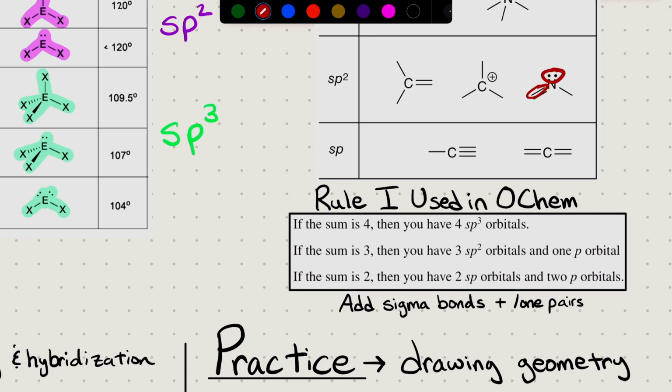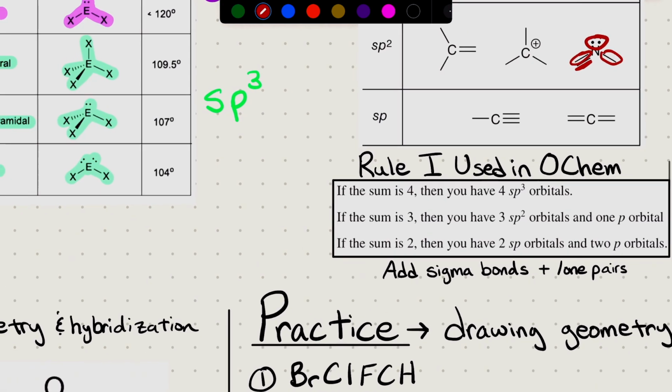Here's 1, here's 2, here's 3. I am not counting this pi bond. Don't count the pi bonds. So add all the sigma bonds, add each lone pair, and that will tell you its hybridization. And that gets you halfway to understanding its molecular geometry. It was super helpful as I was in OChem.